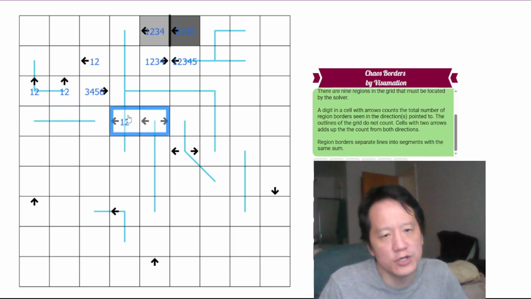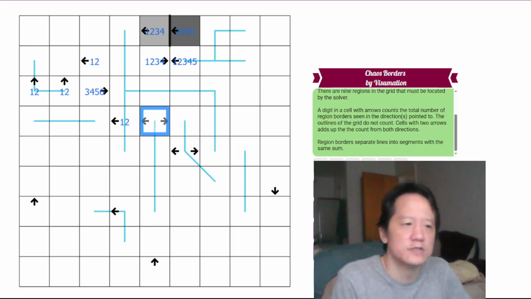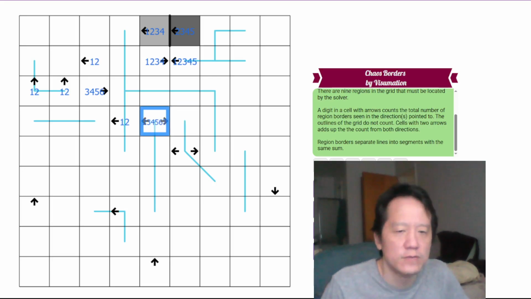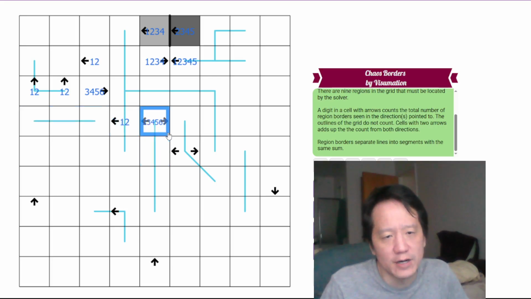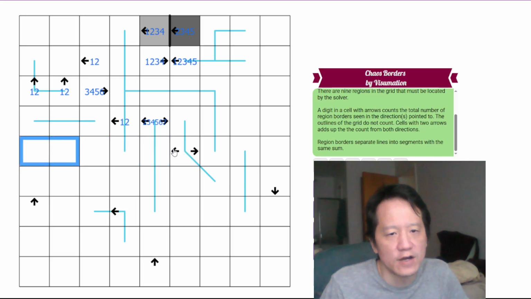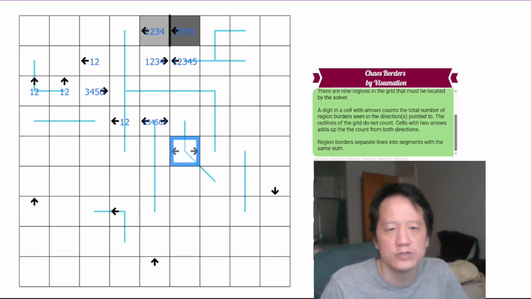This could be 3, 4, 5, 6, 7. So this is 2 through 7 here, because it has to include these amount here, and potentially be higher. This sees 1, 2, 3, 4, 5, 6, 7, 8, possibly borders here.